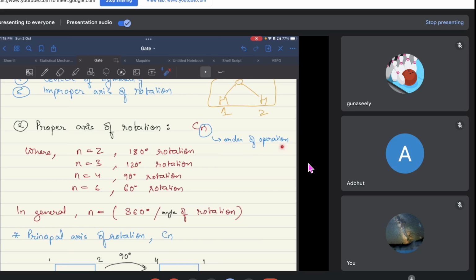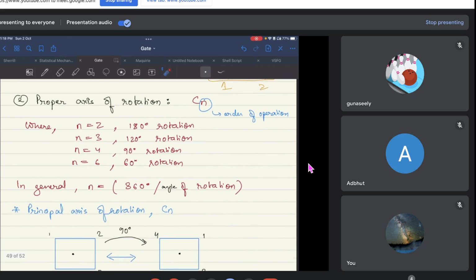Now we know the symmetry element here is an axis, correct? And the operation that we are doing is called rotation. The order of operation n can be 2, 3, 4, 6.